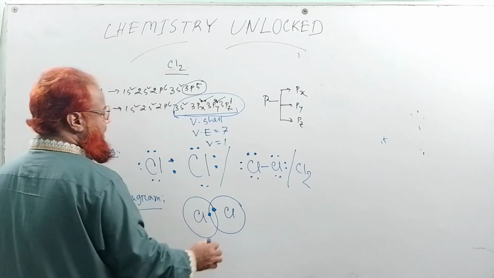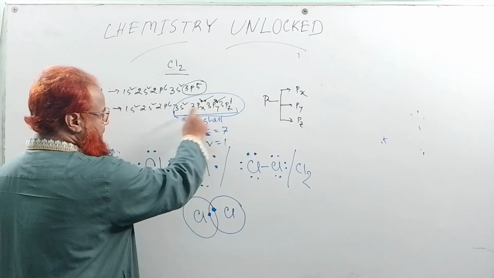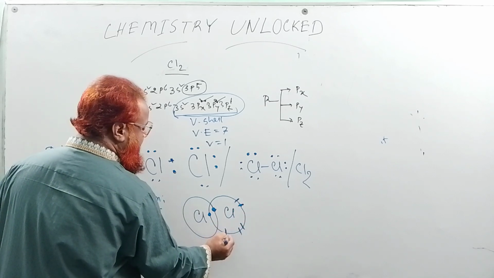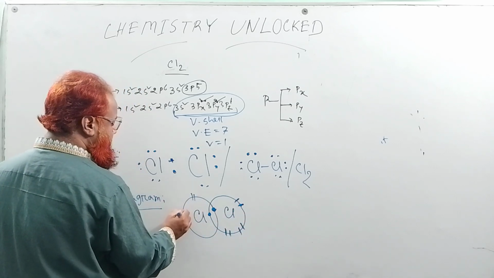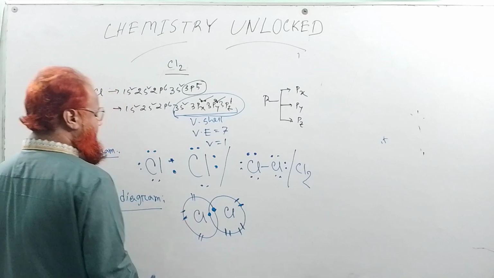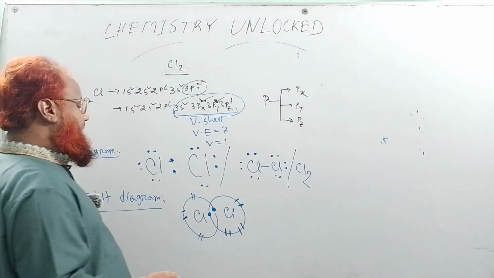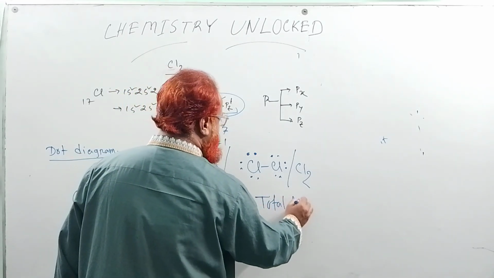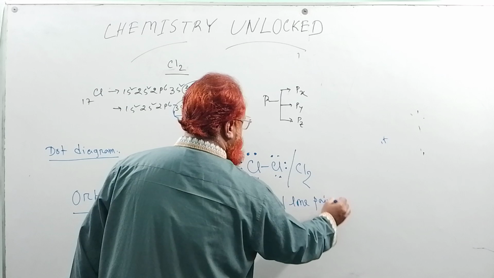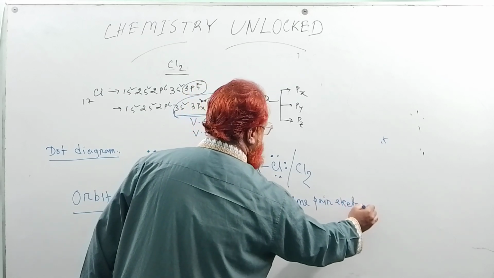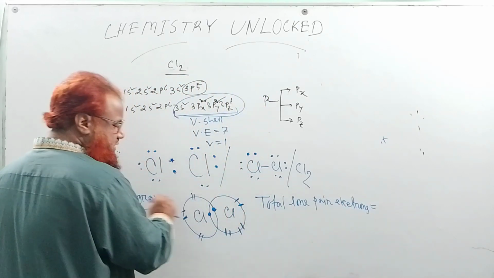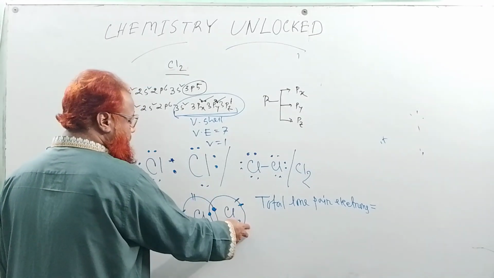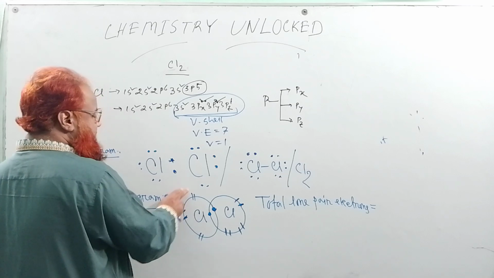One chlorine has these 3 pairs of electrons, 1, 2 and 3, as lone pairs. So in the Cl2 molecule, the total lone pair electron number is what? 1, 2, 3, 4, 5, 6.